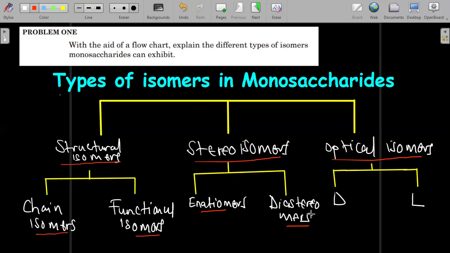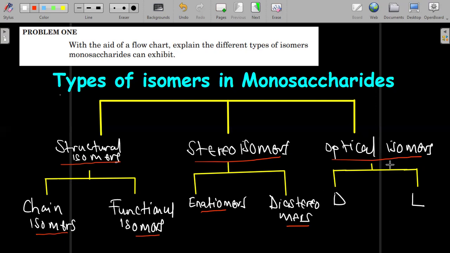Okay. And then these monosaccharides also exhibit what we call optical isomers. These optical isomers come about when the plane polarized light is rotated either to the right or to the left.